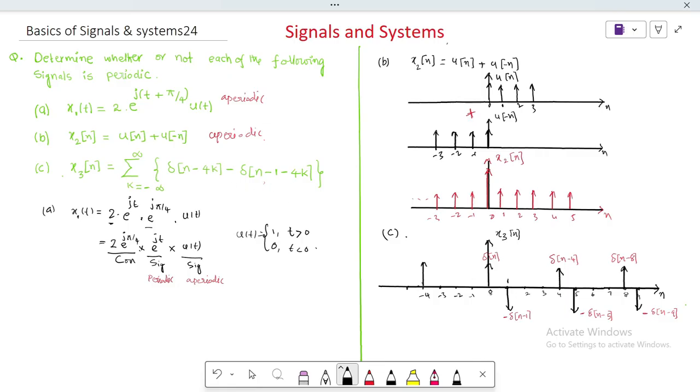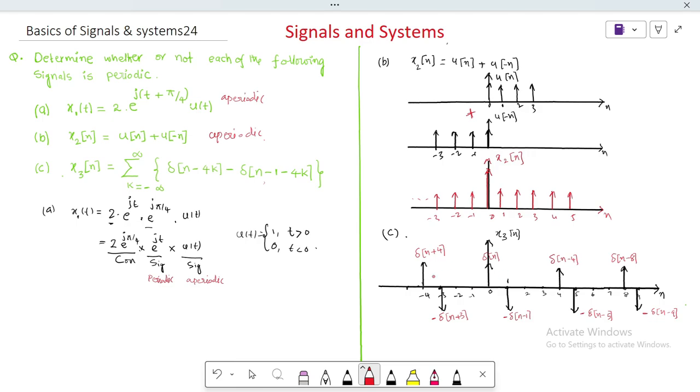That has a negative magnitude, so we should draw it downside. So this is del of n plus 4, the advanced signal of del of n, and this is del of n plus 3. So this is a cycle.